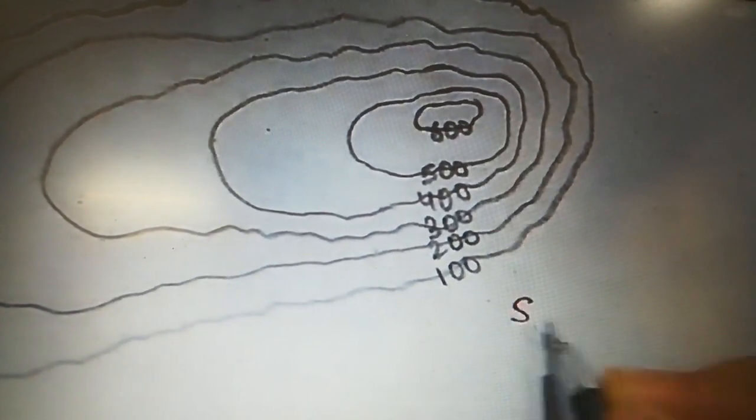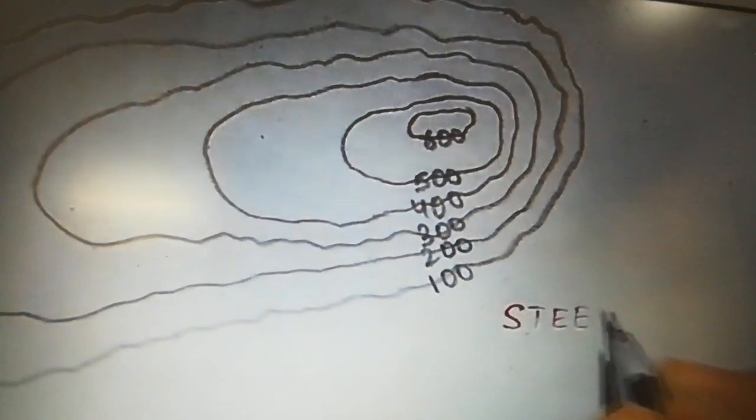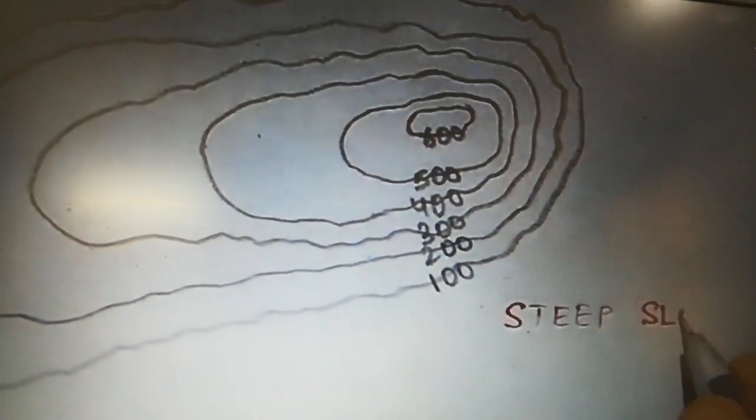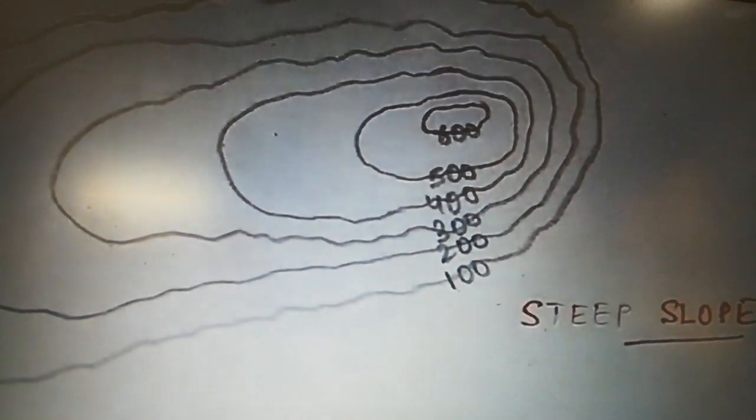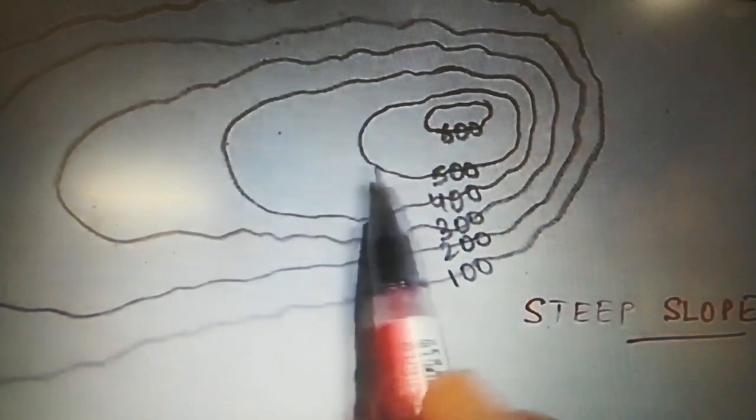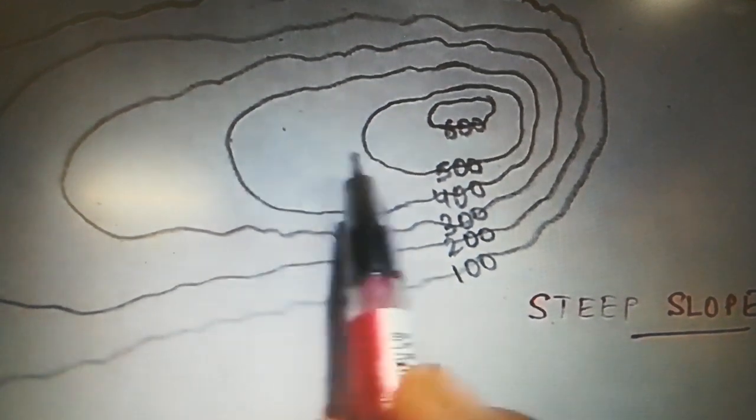On the right hand side you can see a steep slope, and on the left hand side you can see a gentle slope.